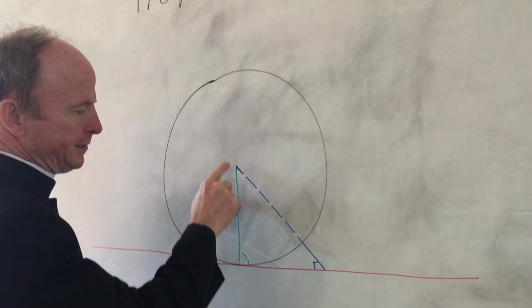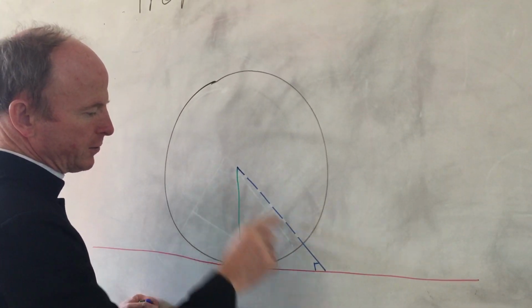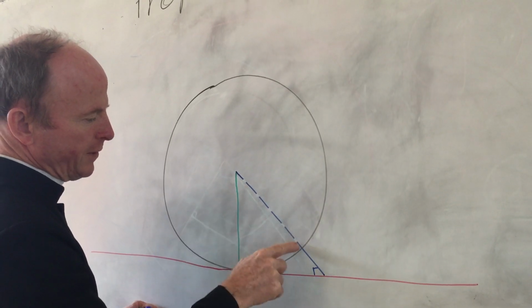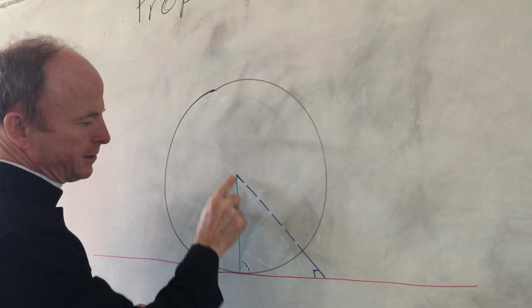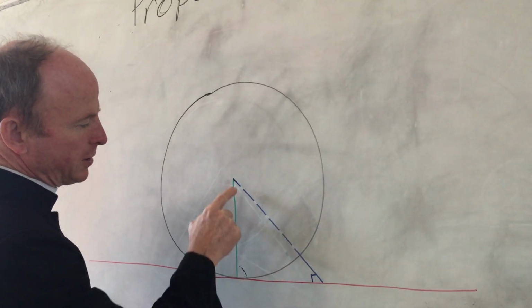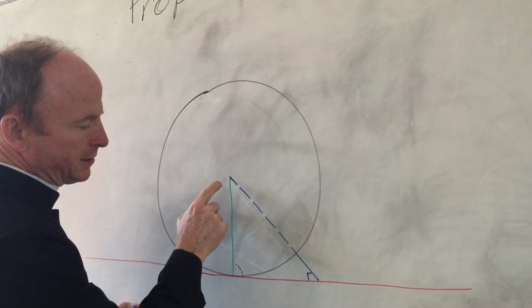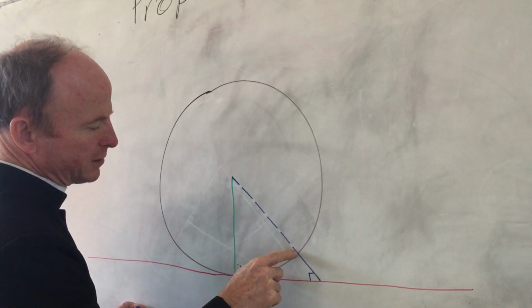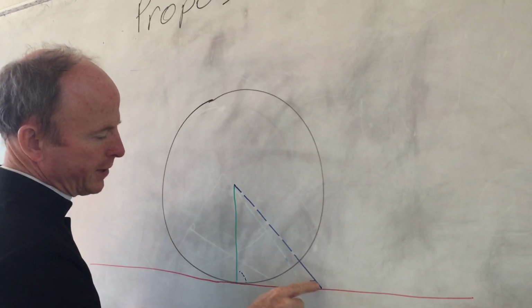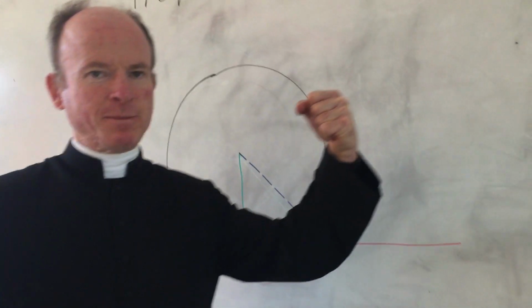So if this is equal to this, and this is greater than this, then this is also greater than this. But it's also less than this because it's a part of it. So it's not greater. So here you have this line being greater than this and not greater than this at the same time and in the same respect.